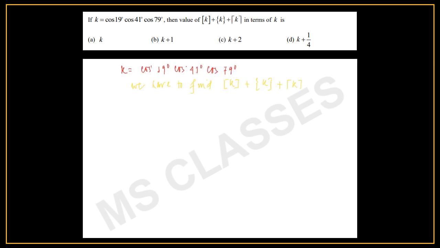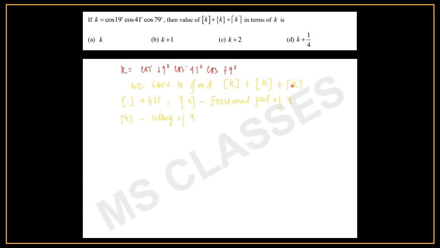So here this denotes the greatest integer function, this denotes the fractional part of x, and lastly, this represents the ceiling of x, or least integer function of x. So we have to find this expression.